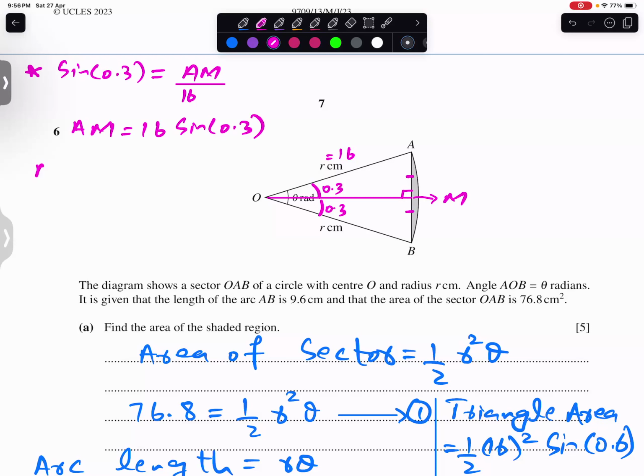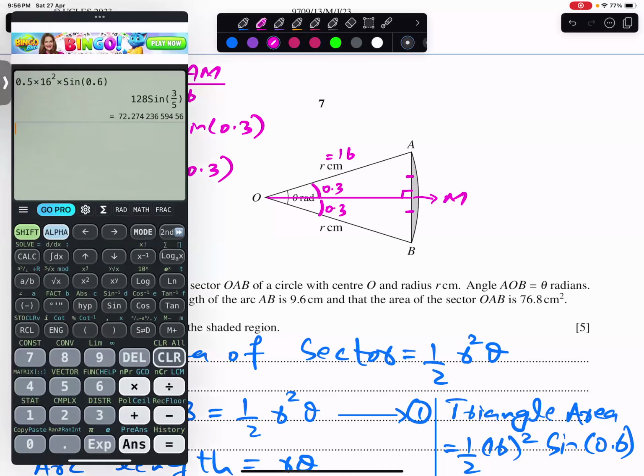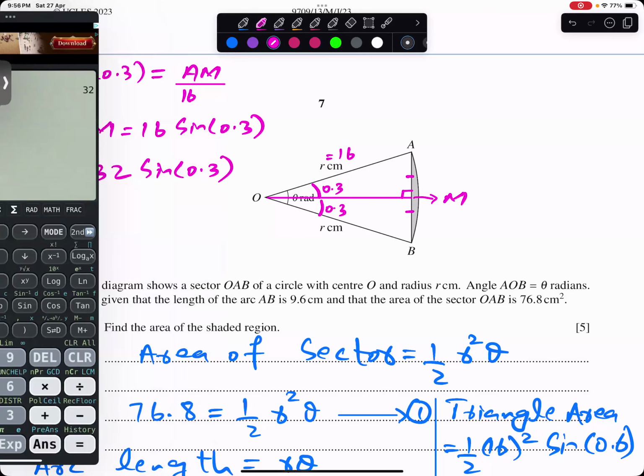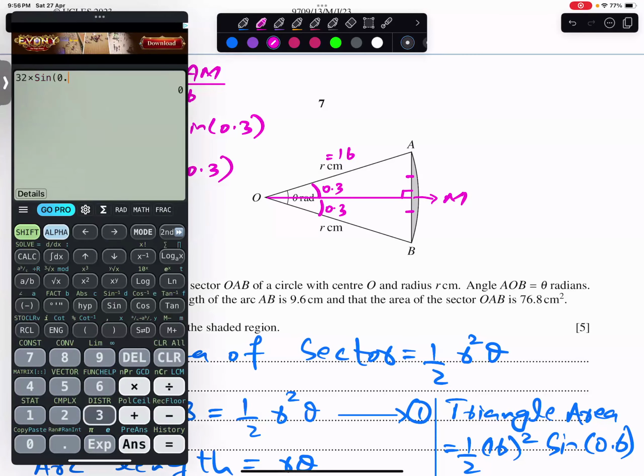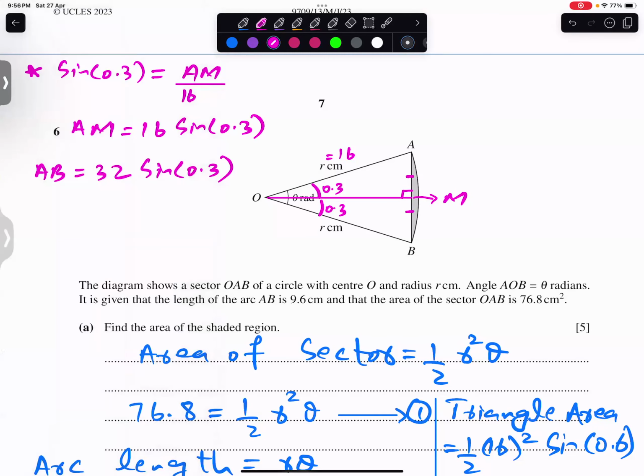But we want to find total AB, so that is twice of AM, so 32 times sine of 0.3, which is 9.456.